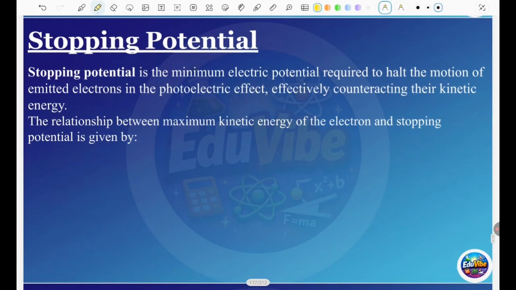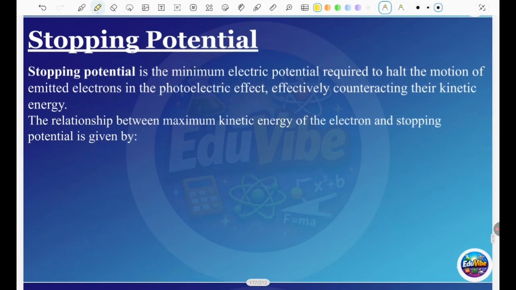Next, before starting with the other graph, we have to know about the stopping potential, which comes from Millikan's experiment. The stopping potential is the minimum electric potential required to halt the motion of the emitted electrons in the photoelectric effect, effectively counteracting their kinetic energy.